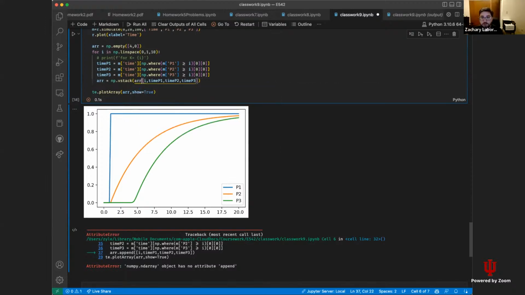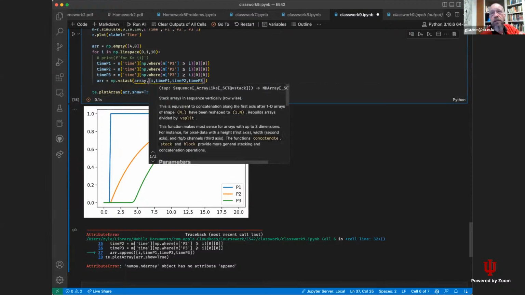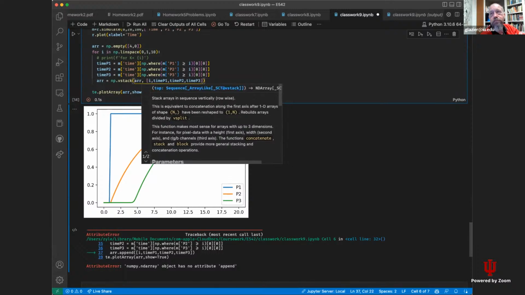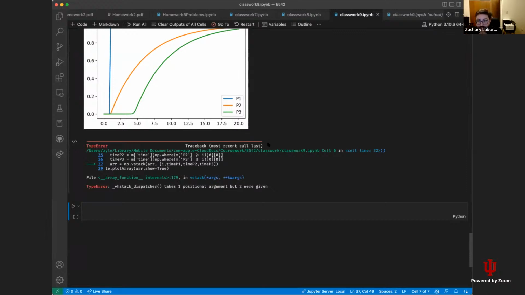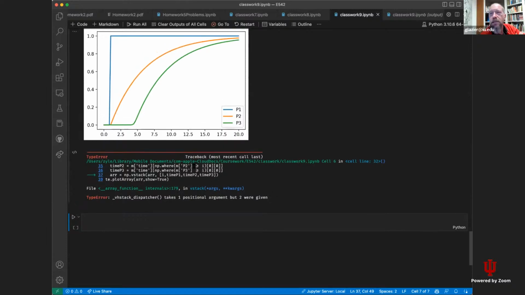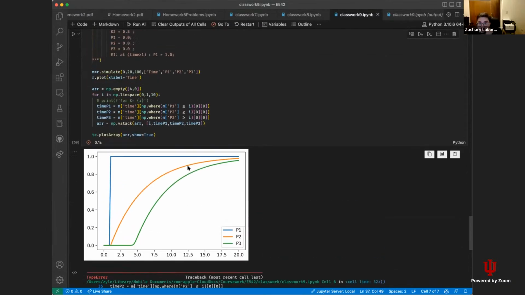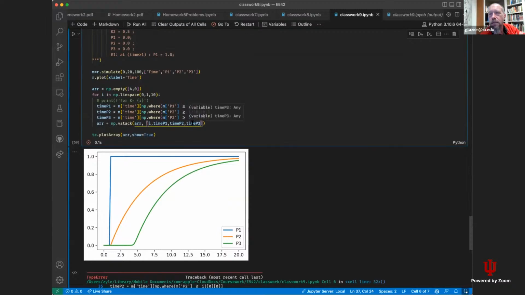No, just ARR comma. Oh, I see. Like that. Yeah, I think that's right. It takes one positional argument, but there are two given. All right, somebody has to. So I think there's probably a parenthesis missing.